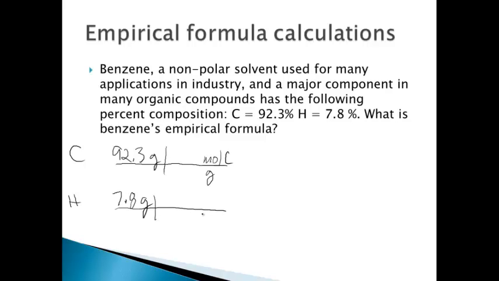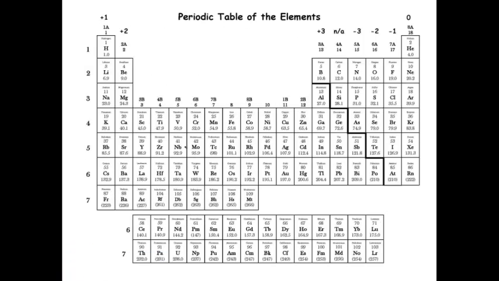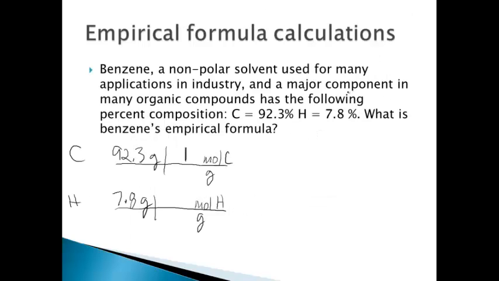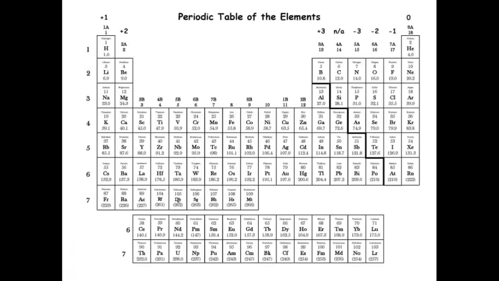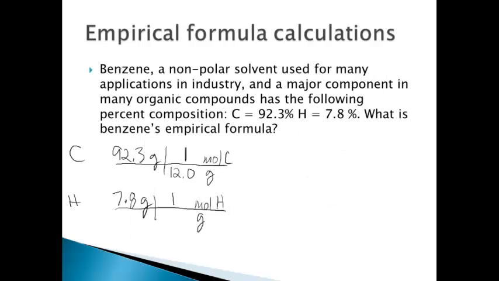Step 2, convert your grams to moles. How do we do that? Gram and mole together, the mole is 1, and for mass we go to the periodic table. For carbon, the molar mass is 12.0, so I'm going to write down 12.0 here. For hydrogen, same thing: my mole is 1, my molar mass is 1.0, so I'm going to write 1.0.